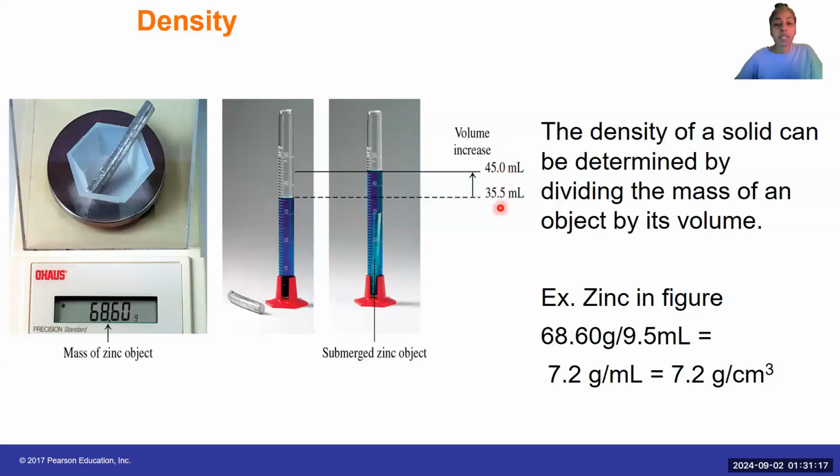And notice we keep that 1 decimal place at the end. We can now determine the density of this item by dividing the mass by the volume. Notice that when we do this calculation, we have 4 significant figures in the mass and 2 significant figures in the volume. Our final calculation can only have 2 significant figures. So our answer is 7.2 grams per milliliter.